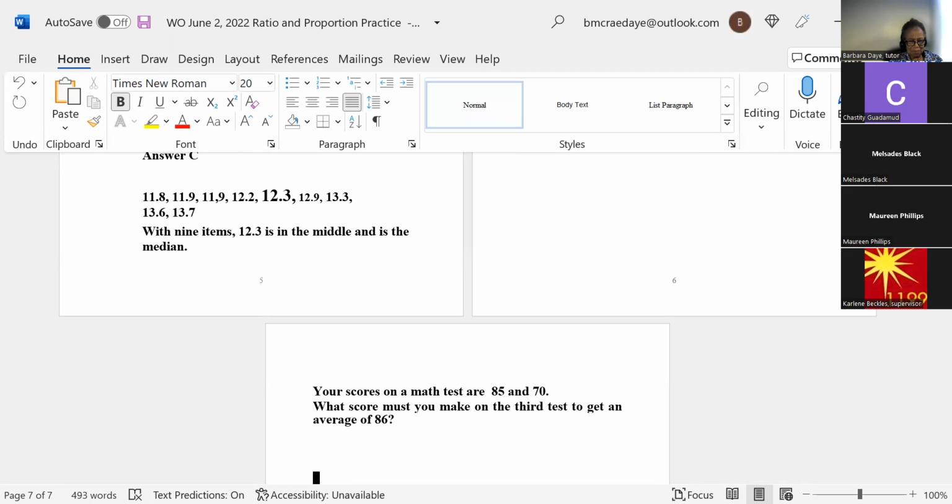The only thing I think of is add the two numbers together first. Which two numbers? 85 and 70. Okay, that's a good start. So 85 plus 70, and that's equal to what? 155.